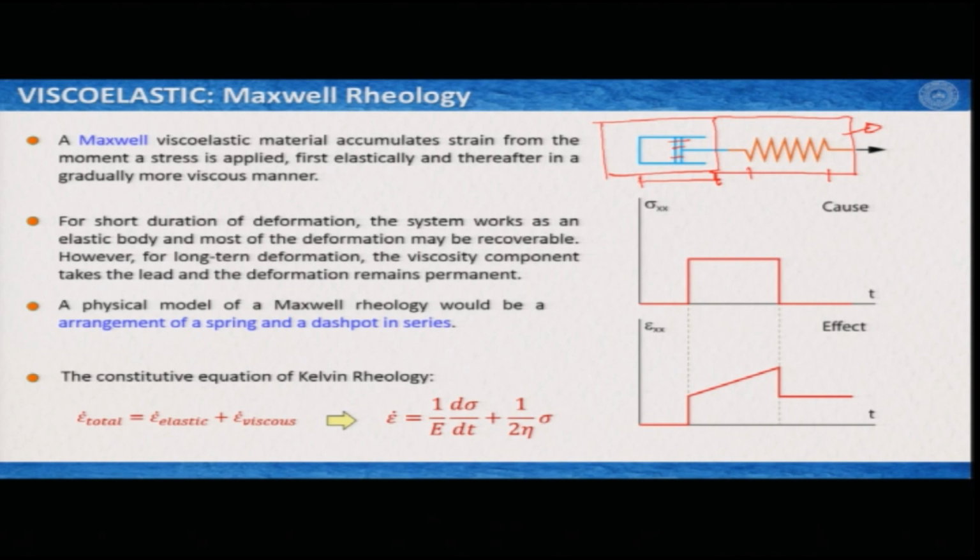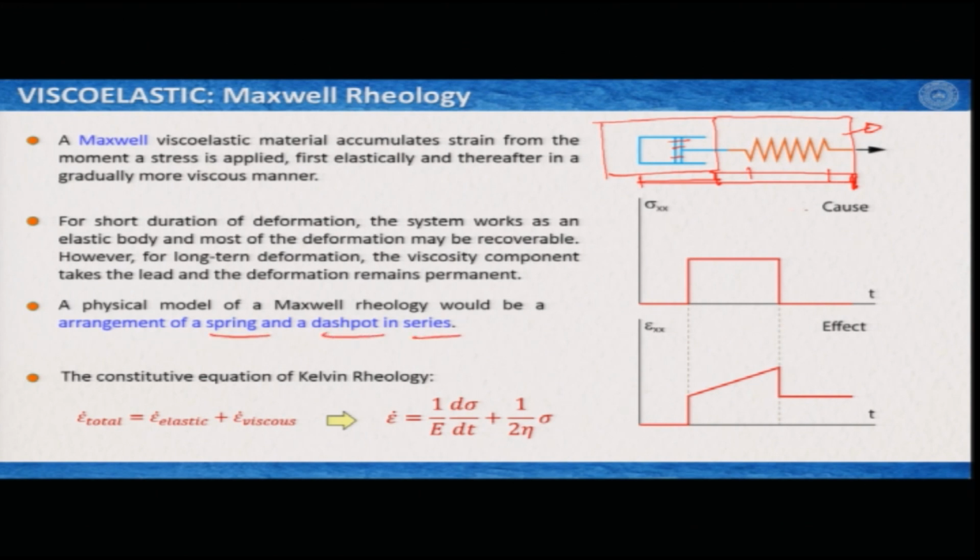So the total deformation is not coming back to its original position once you release the stress. So the deformation is not totally recoverable, and this is the physical model of Maxwell rheology, where you arrange a spring and a dashpot in series.